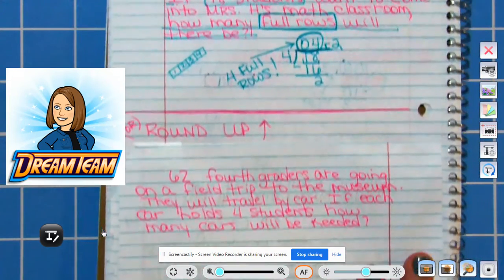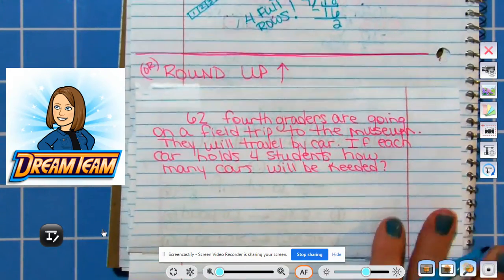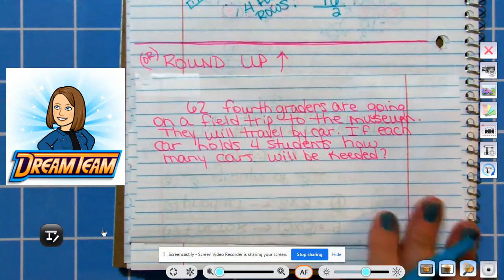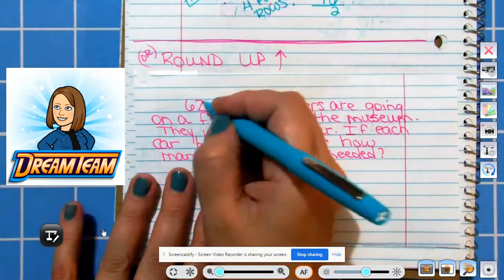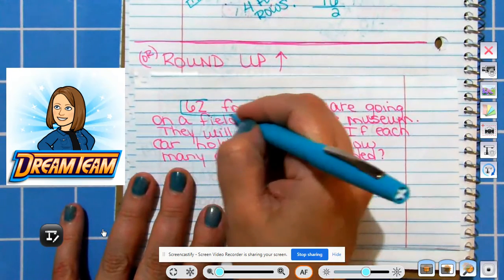All right, one more. Sometimes you have to round up to the next number. So 62 fourth graders are going on a field trip to the museum. They will travel by car. If each car holds 4 students, how many cars will be needed? So we have 62 fourth graders.